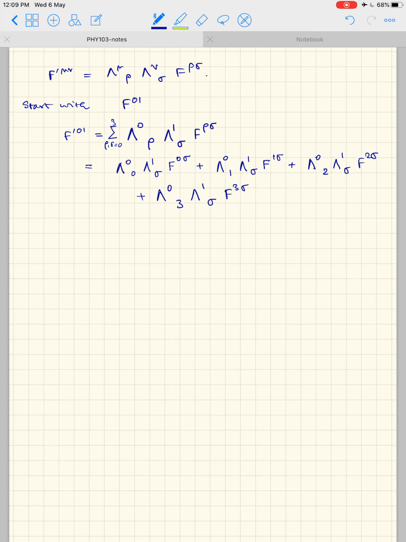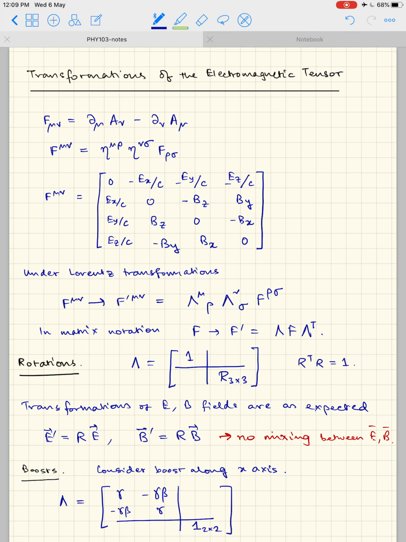Now lambda 0 2 and lambda 0 3 are both equal to 0. So look at the form of lambda here. There are no cross terms: 0 1 is there, but 0 2 and 0 3 are not, because this is a boost along the x-axis. There is no mixing of the t direction with the y direction or the z direction.